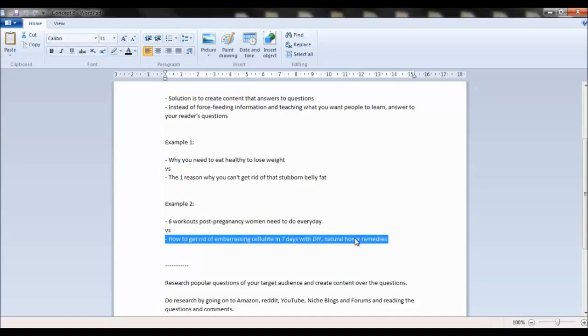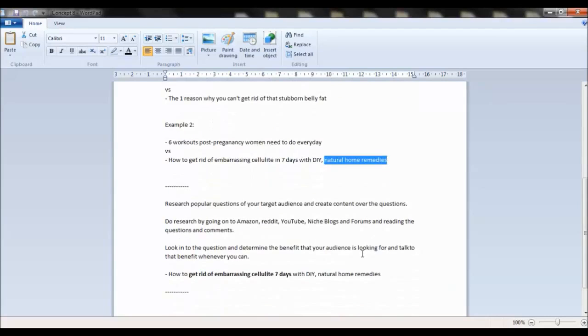So obviously the second one, because the first one, 6 workouts post-pregnancy women need to do every day, doesn't communicate any benefit at all. Well, why would you want to do workouts? Right? But for the second one, how to get rid of embarrassing cellulite, that's a benefit. And 7 days, wow, that's quick. Do it yourself, interesting, so save money. Natural home remedies implies that it's safe.